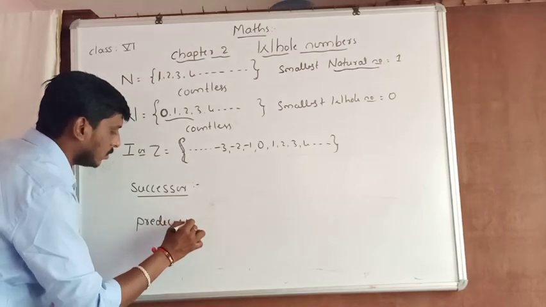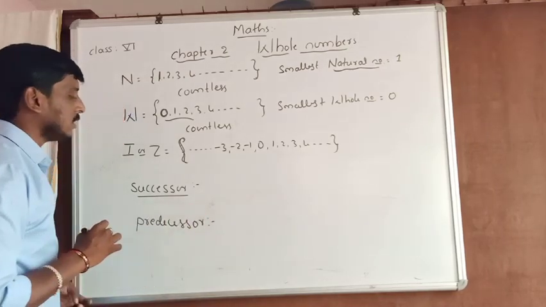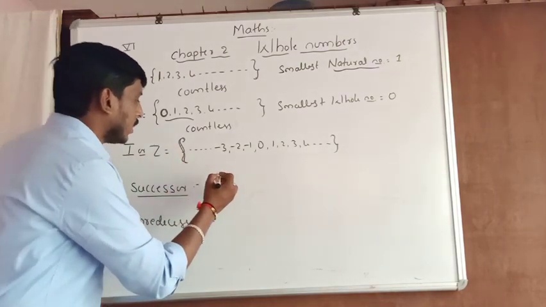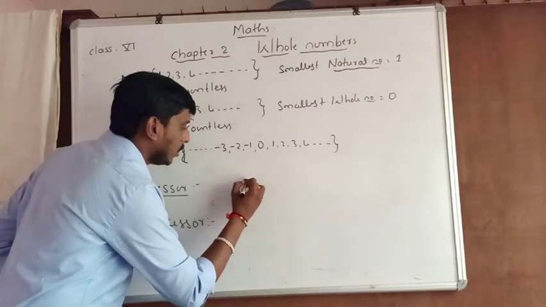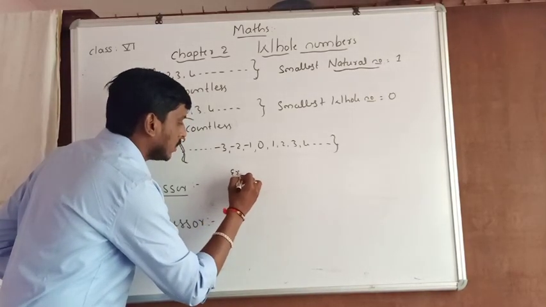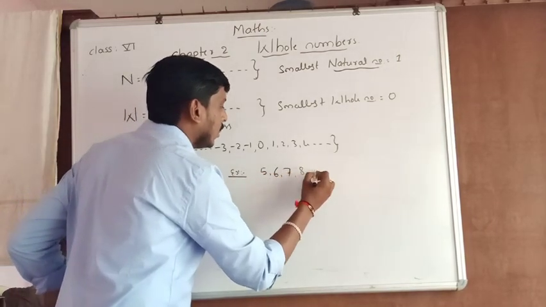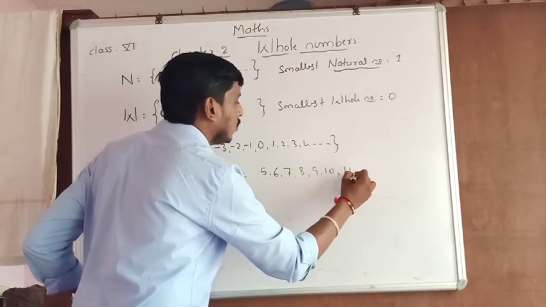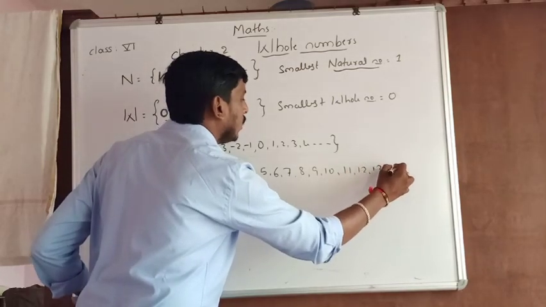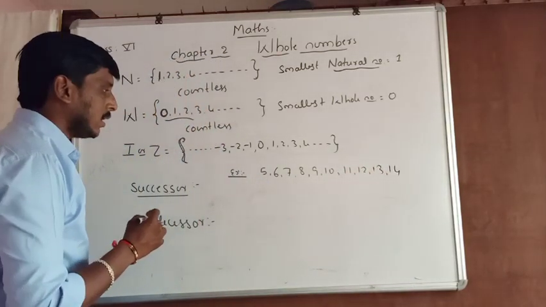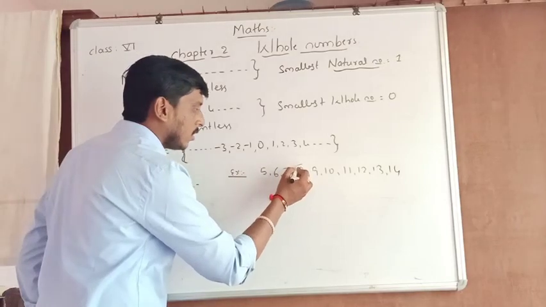Predecessor. So what do you mean by successor? Successor is nothing but, I will give one example. 5, 6, 7, 8, 9, 10, 11, 12, 13, 14. Here I will take one number, 8.